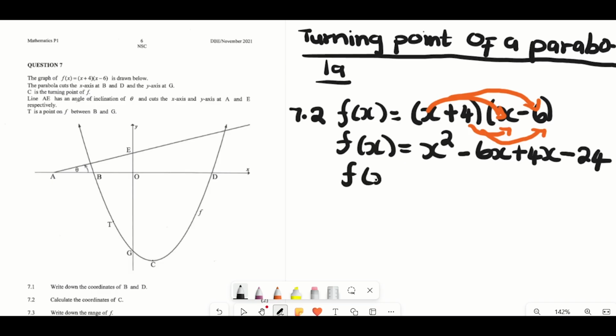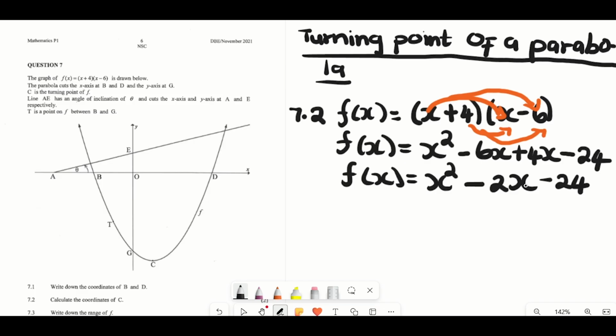So we have x squared minus 6x plus 4x. Because the signs are different, you subtract: 6 minus 4 is 2. Then you take the sign of the bigger number. Between 6 and 4, the bigger number is 6, so you take the negative, and your answer is negative 2x minus 24.